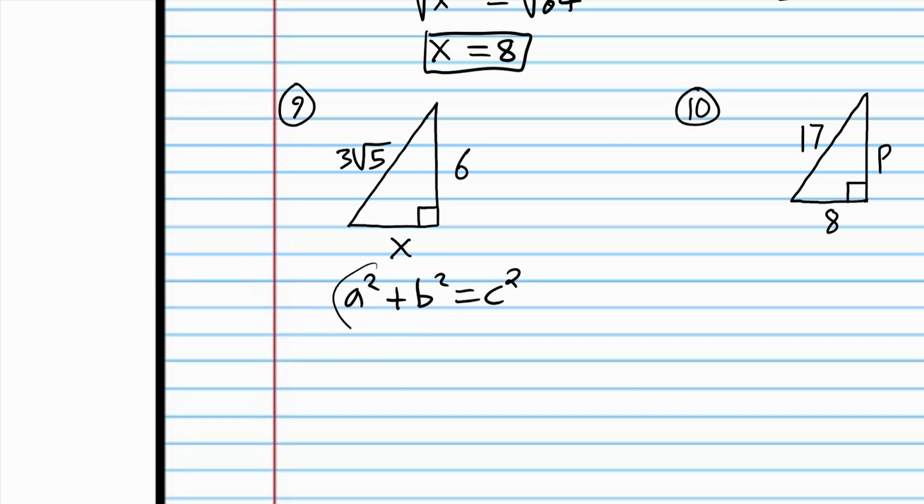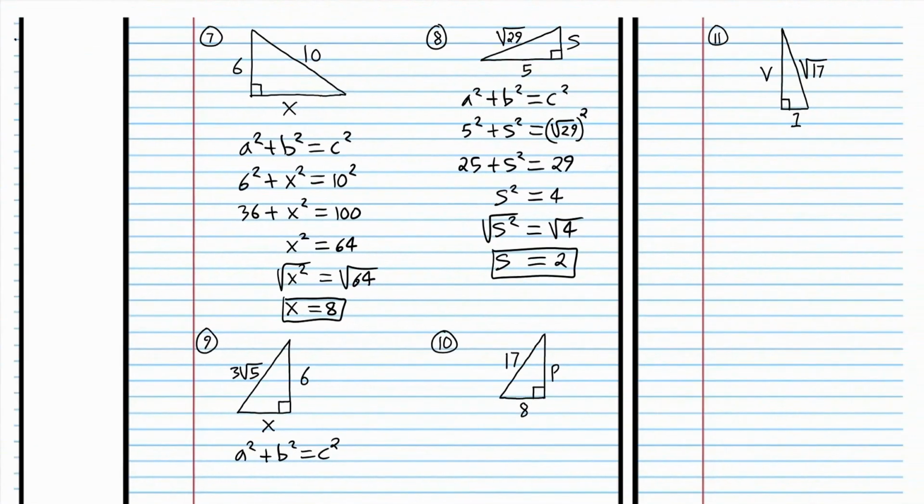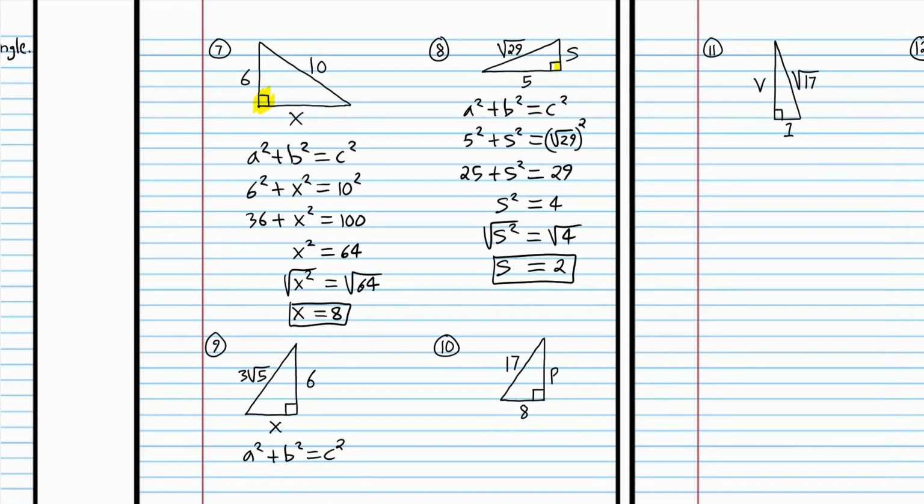It doesn't matter which order you put the legs, as long as you don't accidentally stick a leg into the hypotenuse, or a hypotenuse into a leg. And probably the most important thing is to know that this Pythagorean theorem only works for right triangles. Notice every single triangle we're working with here is a right triangle, and I know that because of this little box here. That means that angle is 90 degrees.